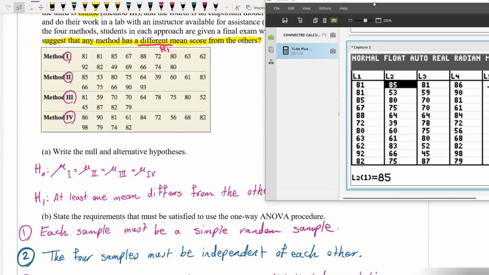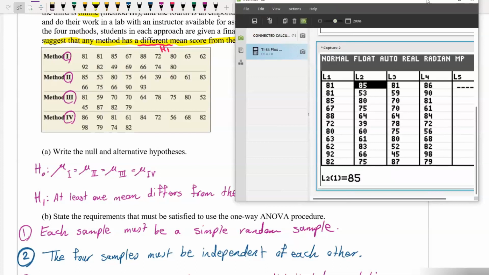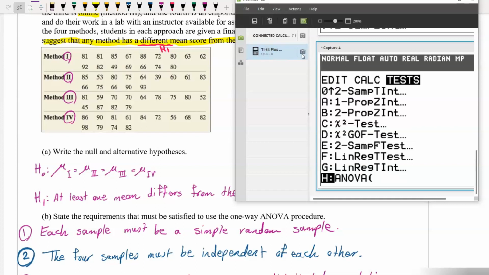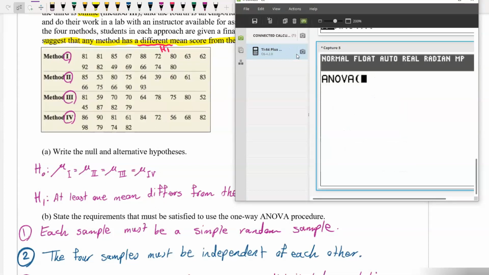Now use stat again, highlight test, and scroll down to find Anova, then enter. I entered all these 4 into L1, L2, L3, L4, so you have to use the same thing on this part.